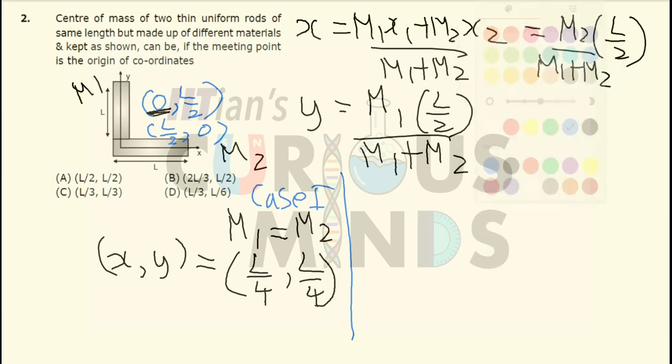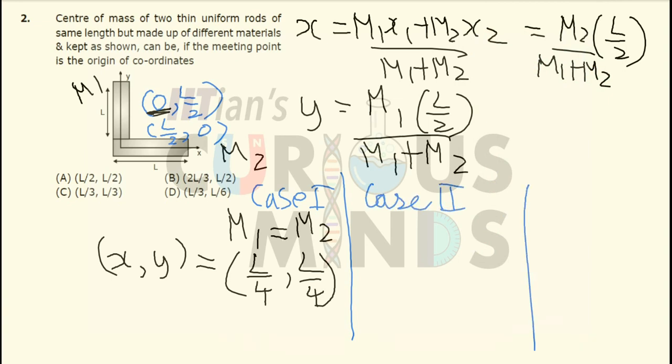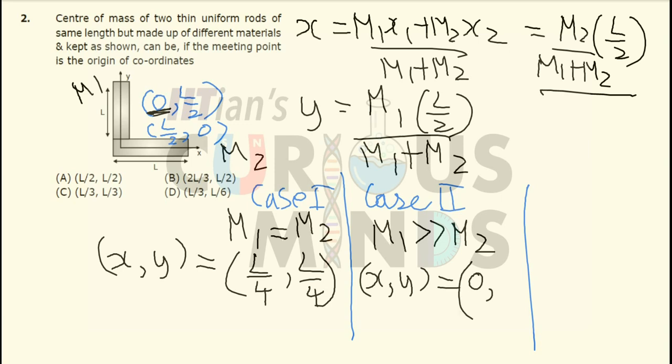The second case is when m1 is very large as compared to m2. When I substitute in this formula, if m1 is very large as compared to m2, this part will almost be equal to 0, and this part will be equal to L by 2.